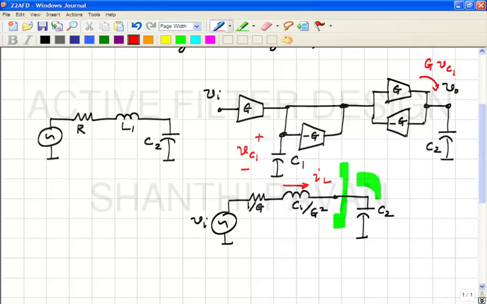In other words, the inductor current in this network is being stored as the voltage across capacitor C1, and the constant of proportionality relating the inductor current in the passive prototype to the voltage in the active network is 1 by G. In other words, VC1 times G is IL. Is that clear?